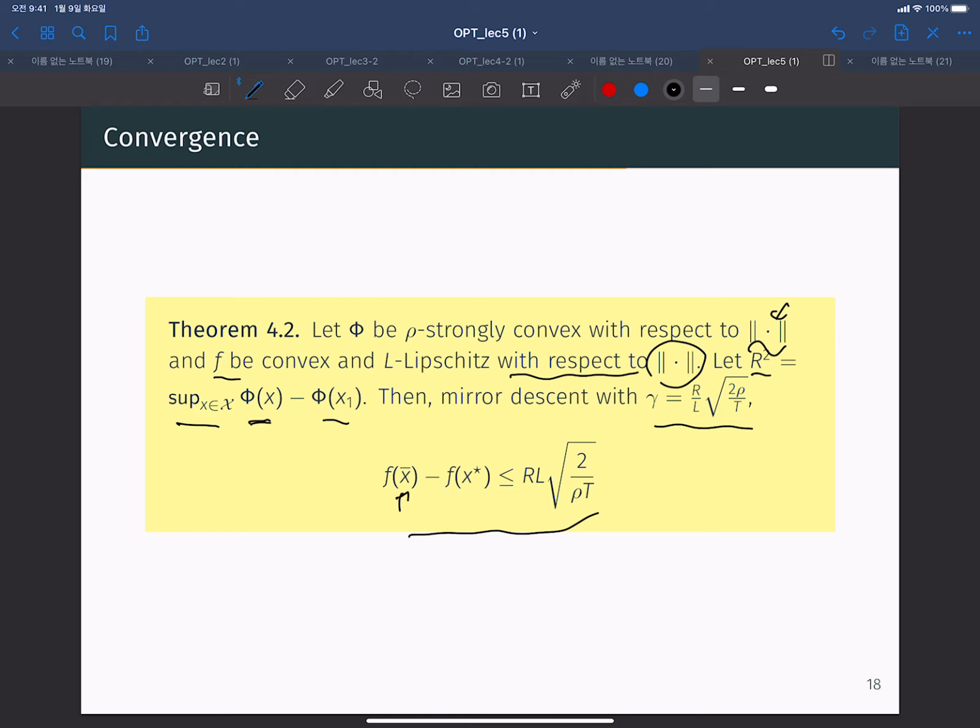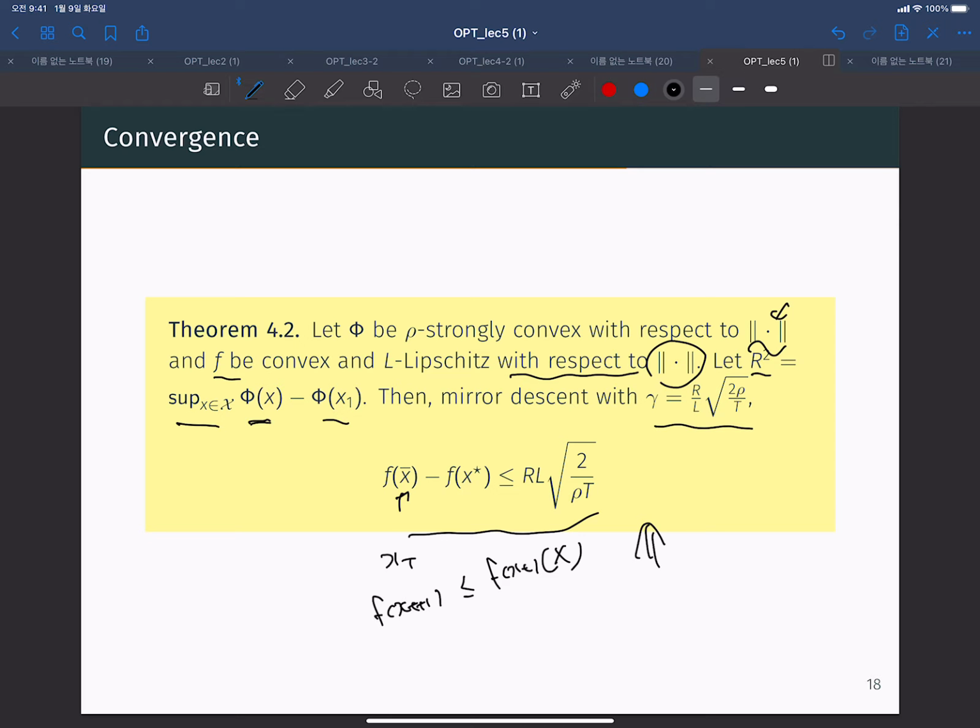Again, we cannot use the descent lemma, because for this theorem we cannot guarantee f(x_{t+1}) is less than or equal to f(x_t). This is not true for this case. So this is a well-known convergence result for the mirror descent algorithm for the Lipschitz continuous case.